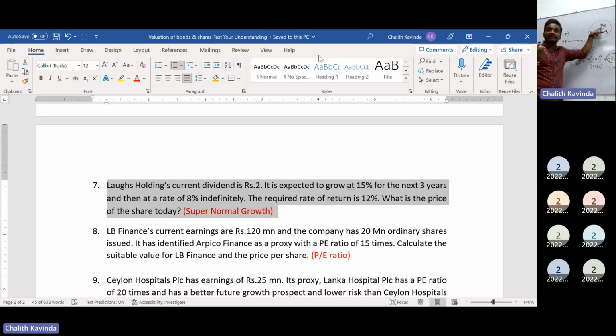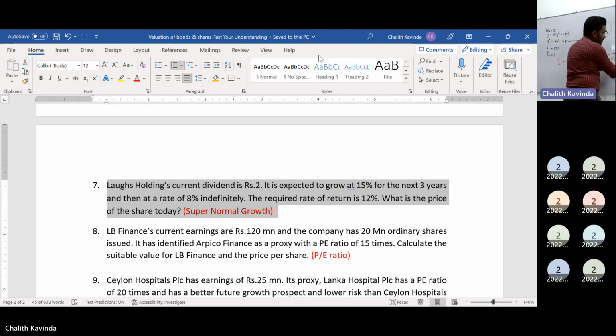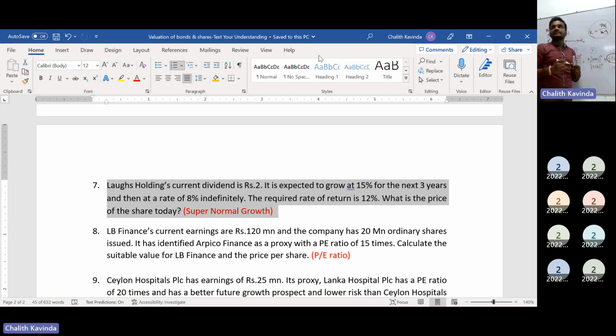If you have the dividend for year 4, which year's price are you going to get? Good, you are going to get the 3rd year price. Accordingly, once you sum this up, you get the 3rd year price. Okay, so please sum this up.